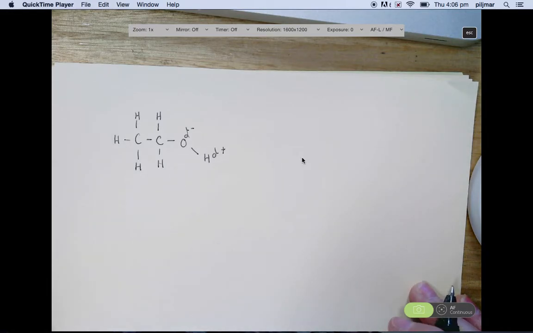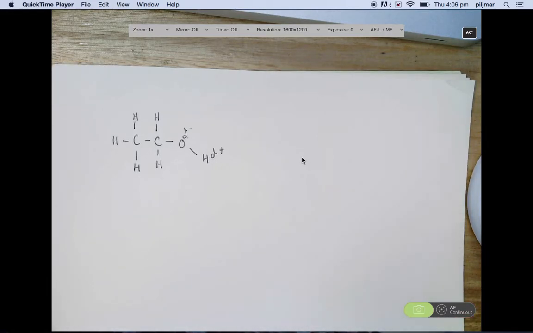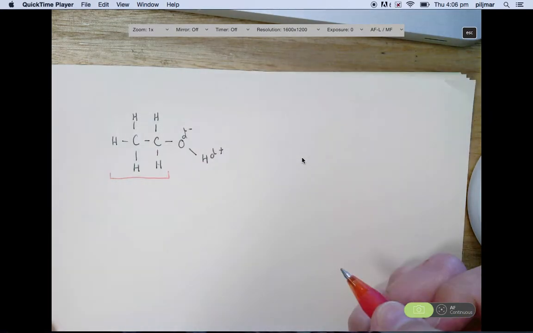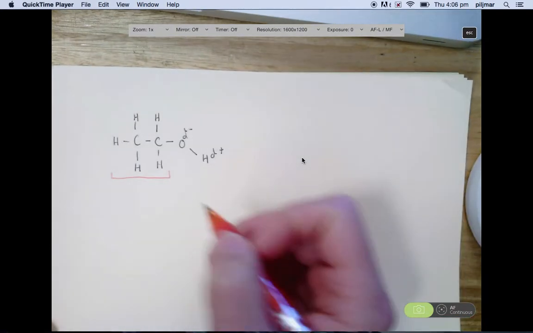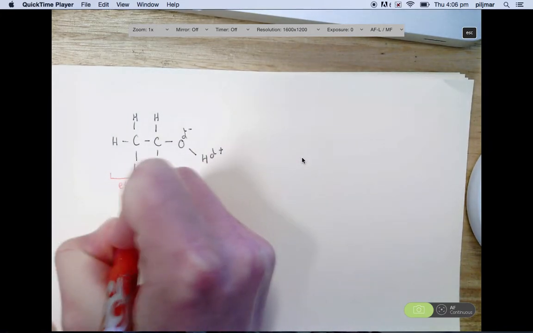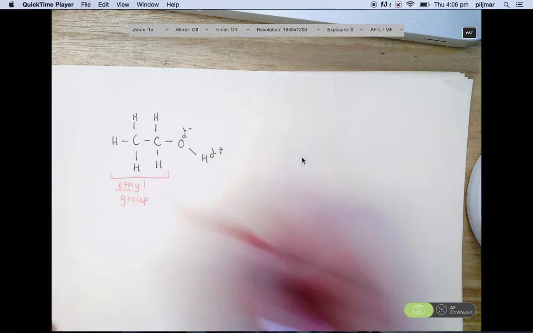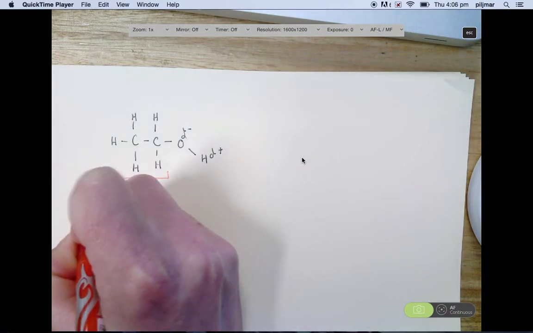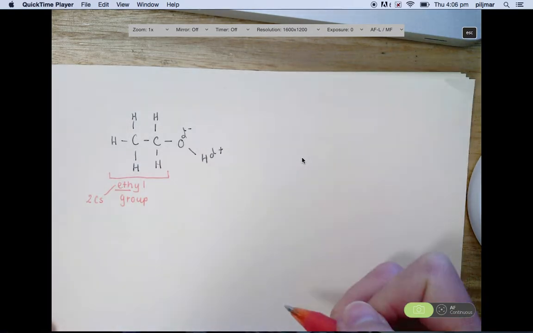Okay, so we left off today looking at ethanol and we had a look at its structure. We said it had two properties based on its structure. We said the hydrocarbon section of ethanol, which we can now refer to as the ethyl group, where "eth" is talking about the two carbons that are present that only have single bonds between them, so two carbons.